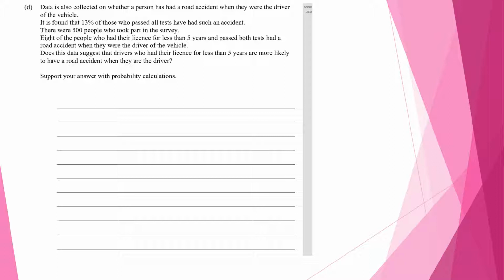So far we've got our events as having license for more than 5 years, having license for less than 5 years, so more than 5 or less, and then pass both tests, pass practical, pass theory, failed both, and likewise pass all tests, pass practical test, pass theory test.